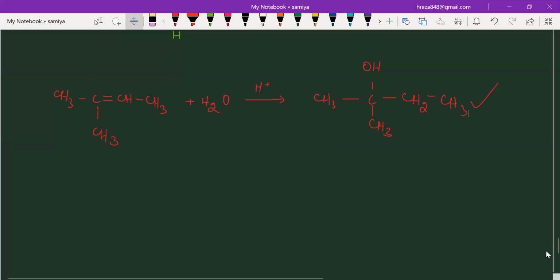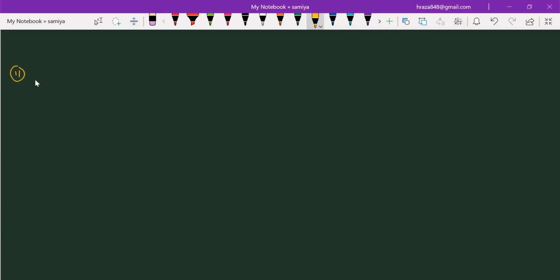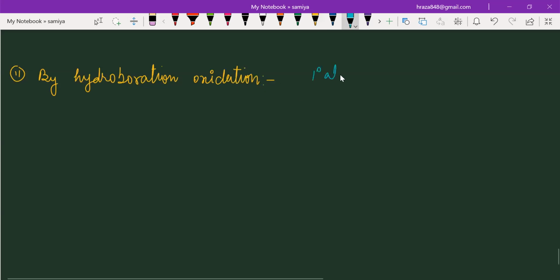So basically, the second method from alkene is by hydroboration oxidation. By hydroboration oxidation, we prepare 1 degree alcohol. We prepare only 1 degree alcohol.